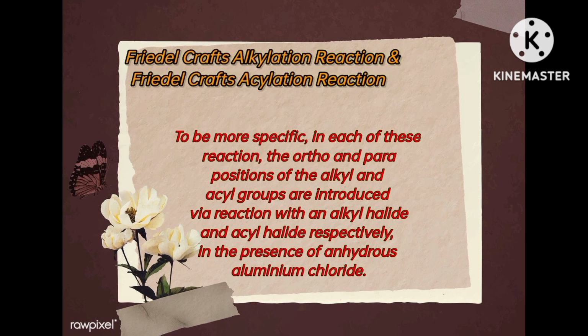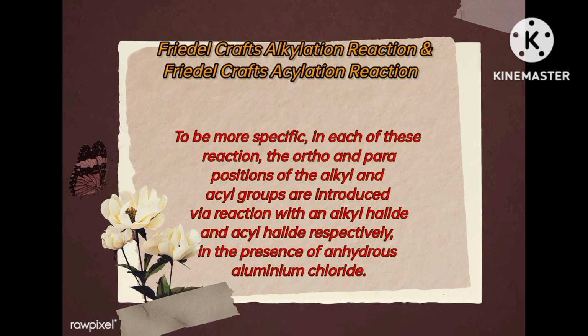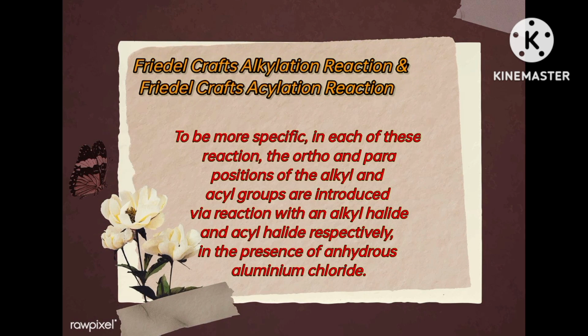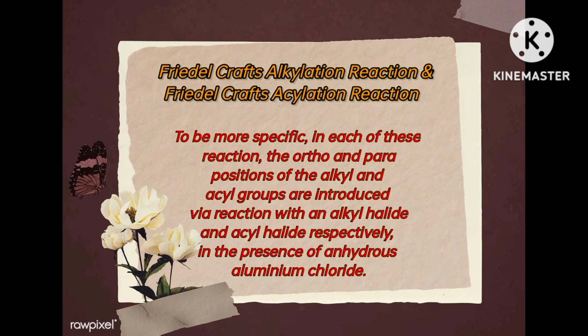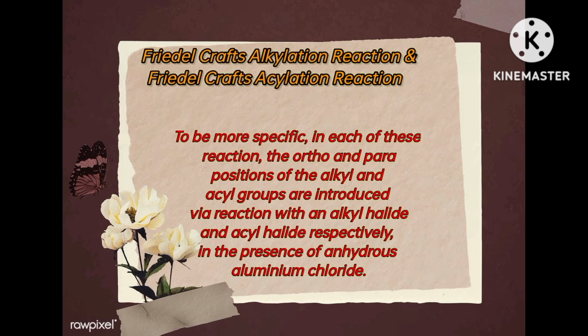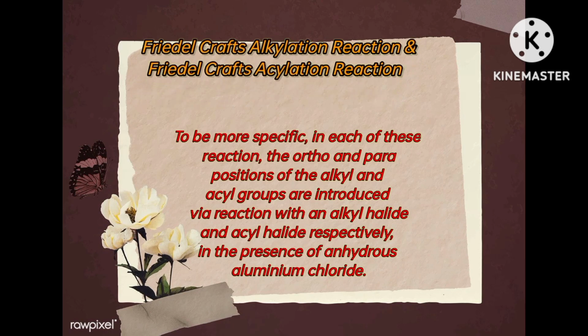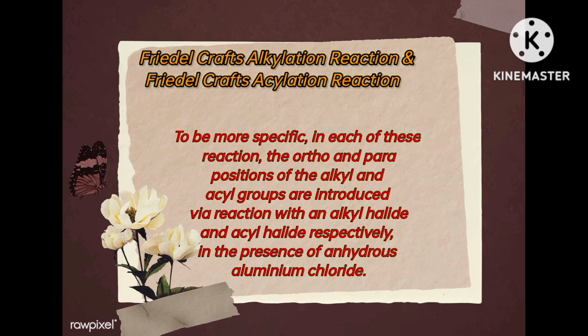To be more specific, in each of these reactions, the alkyl and acyl groups are introduced at the ortho and para positions via reaction with an alkyl halide and acyl halide respectively in the presence of anhydrous aluminum chloride.